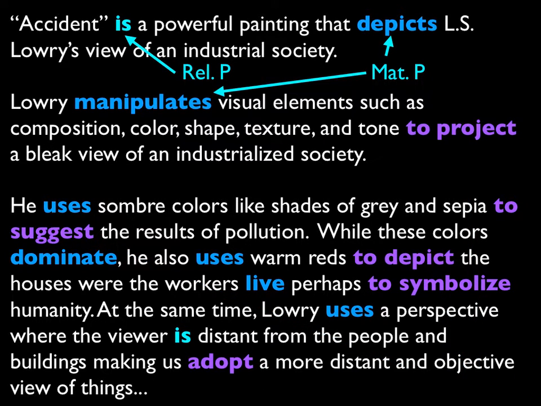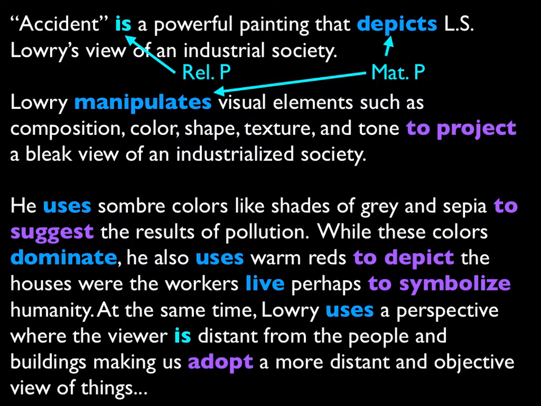Focusing on adopt in the last sentence, if you can see that purple word there, a mental process joins a sensor, that's us in this case, with something that is sensed, a more distant and objective view of things in this example.